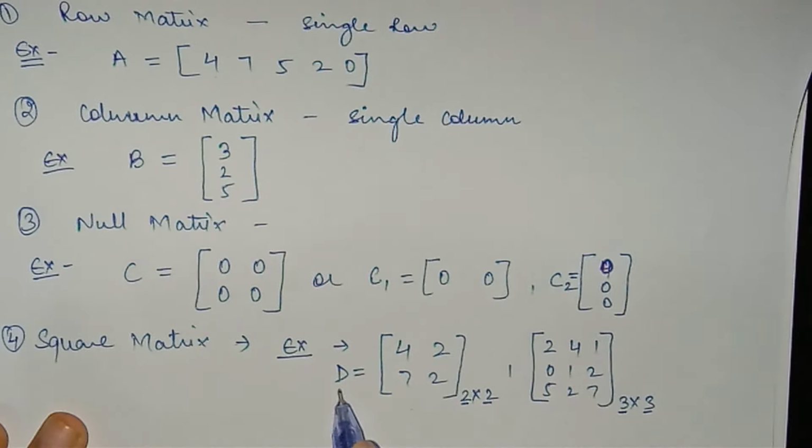A diagonal matrix is a square matrix in which the elements other than the elements in the main diagonal are all equal to 0. First of all we need to understand what the main diagonal of a square matrix is. So I am taking the example of a square matrix.